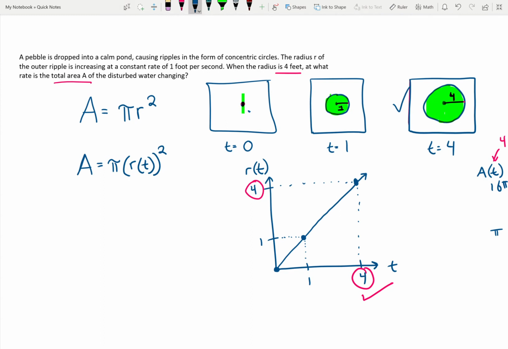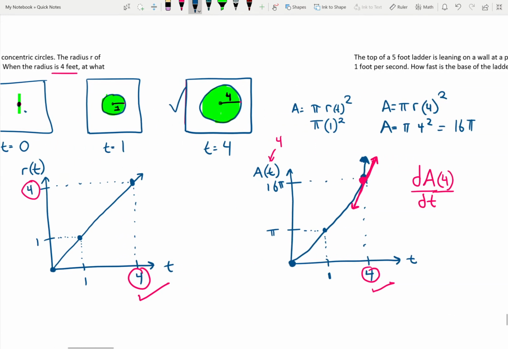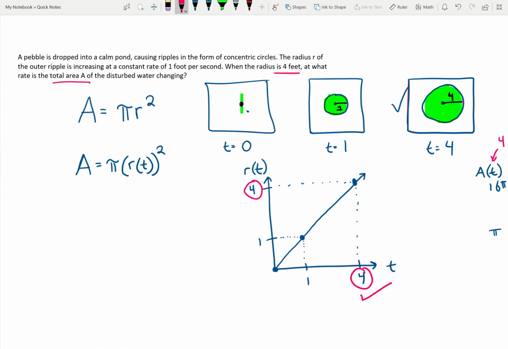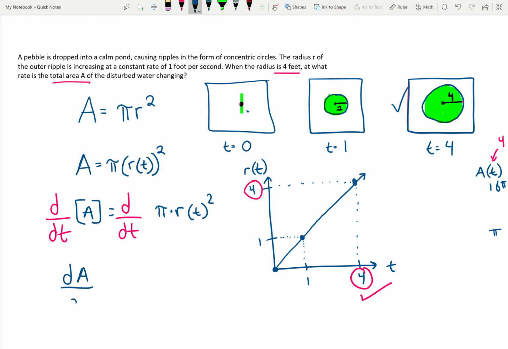So they want us to find dA/dt. So let's take the derivative of both sides. So d/dt of A equals d/dt of pi r(t) squared. Okay. So dA/dt is just dA/dt.